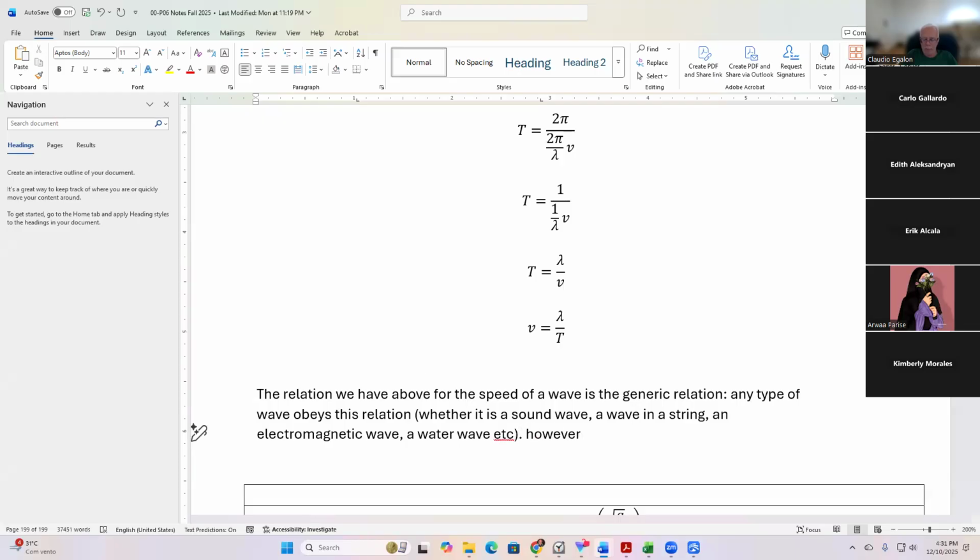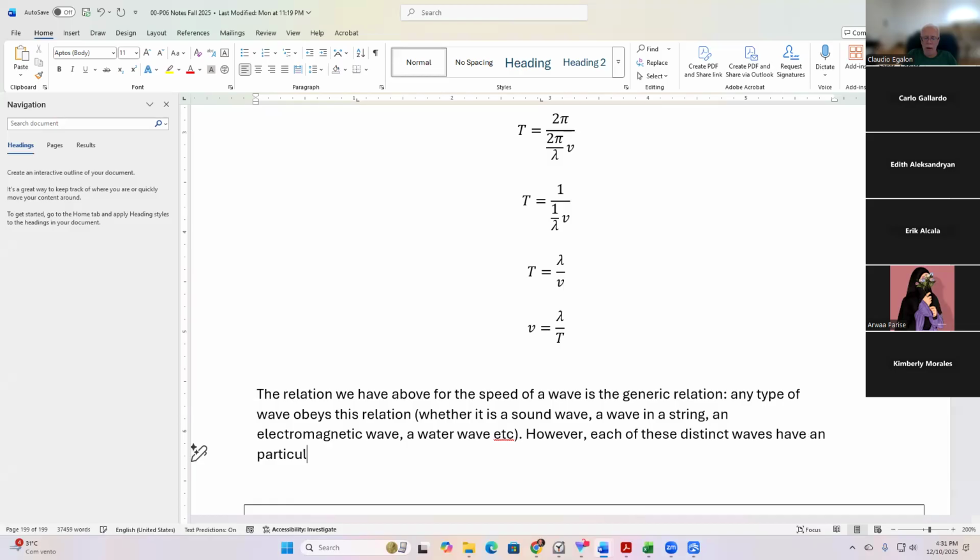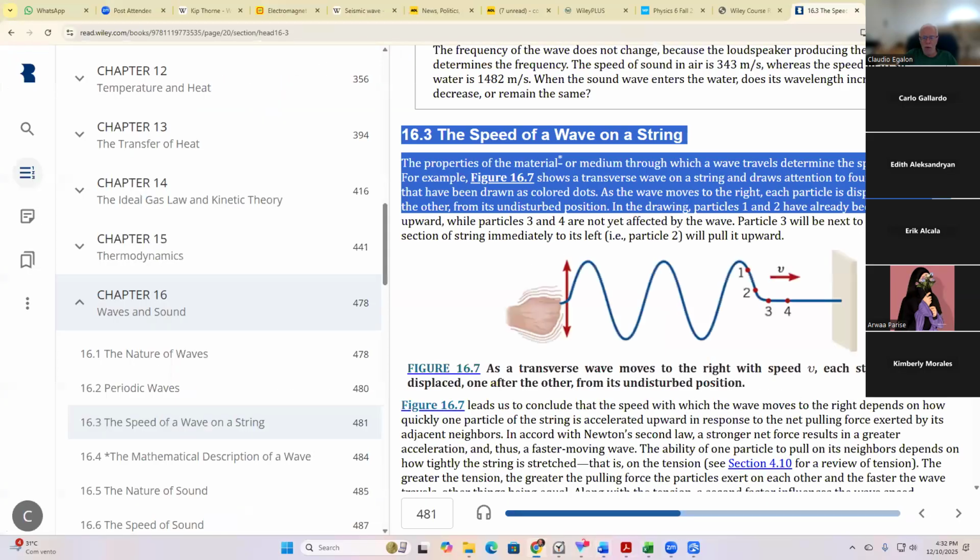However, each of these distinct waves has a particular equation for its speed. The chapter talks specifically about the speed of a wave in a string. It's possible to derive its speed, but I'm not going to do the derivation here because it's too much work.